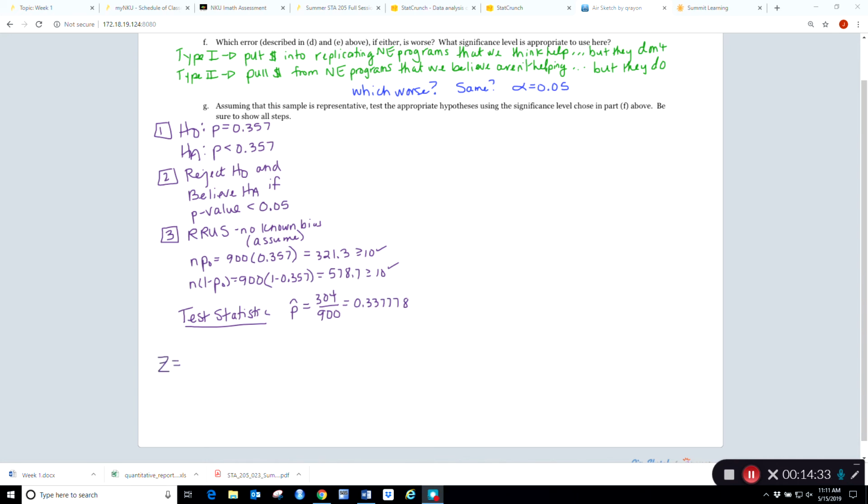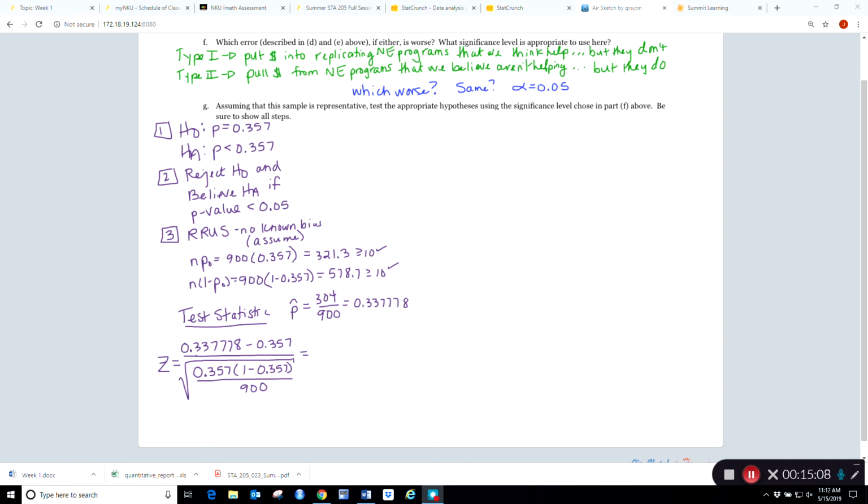So then our z is going to be 0.337778 minus our p0, which is 0.357, and on the bottom we have the square root of p0 times 1 minus p0 over our n, which again was 900.